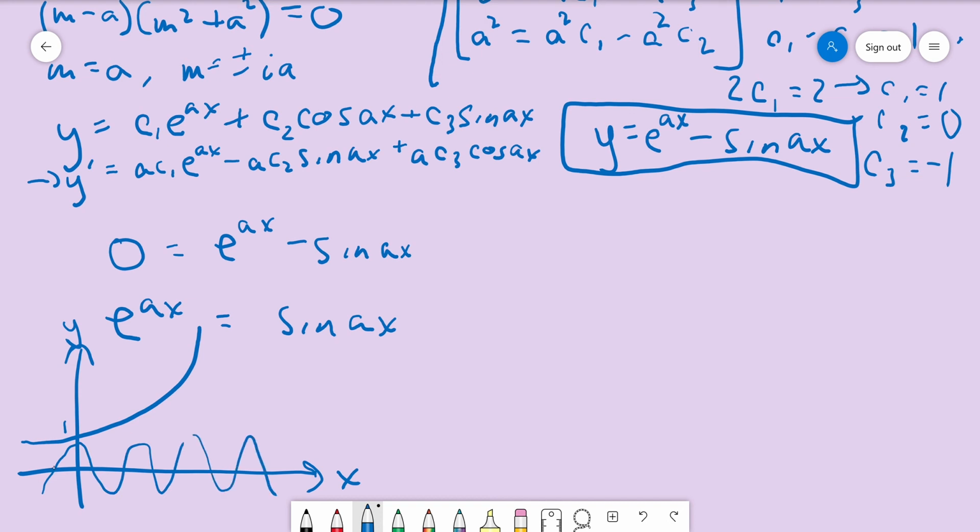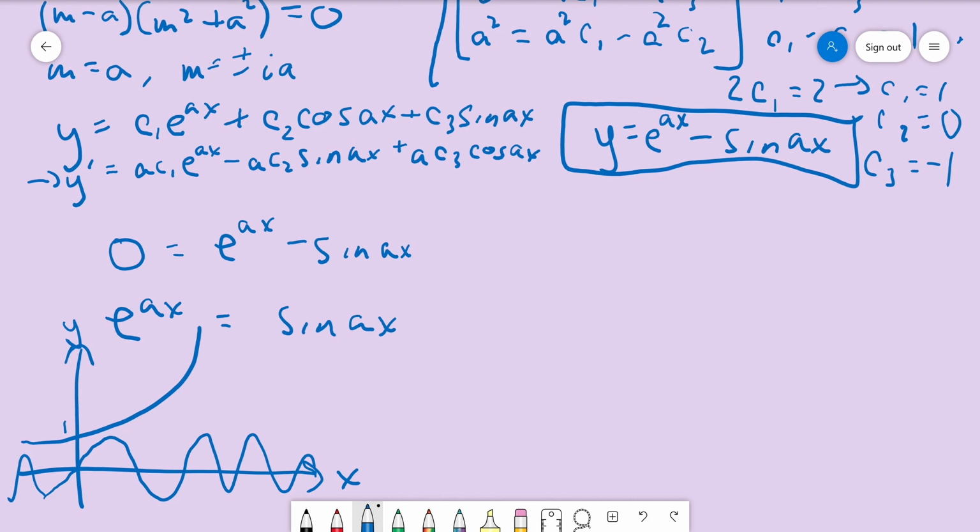Sorry, it's actually something like this, okay, more or less, because sine is bounded, so it's never bigger than 1. That ax just changes the frequency. So we know that they can never cross. At least not... Yeah, no, they can't.